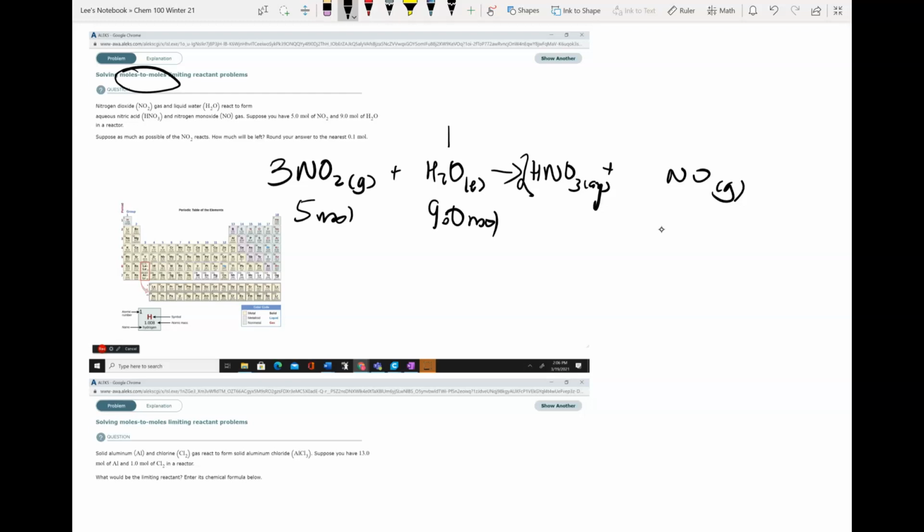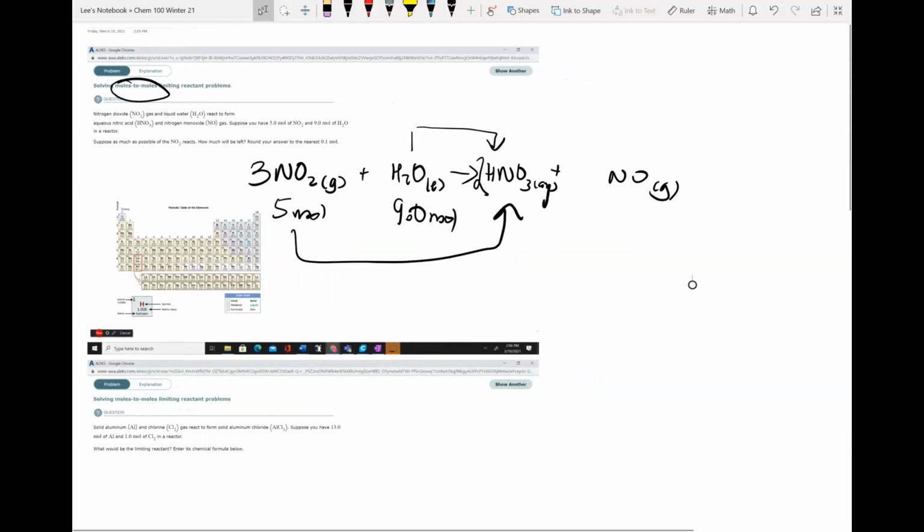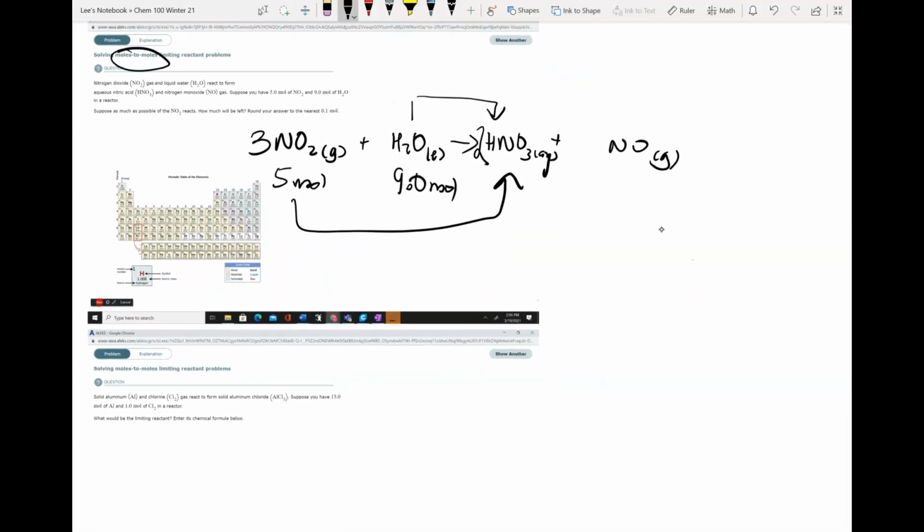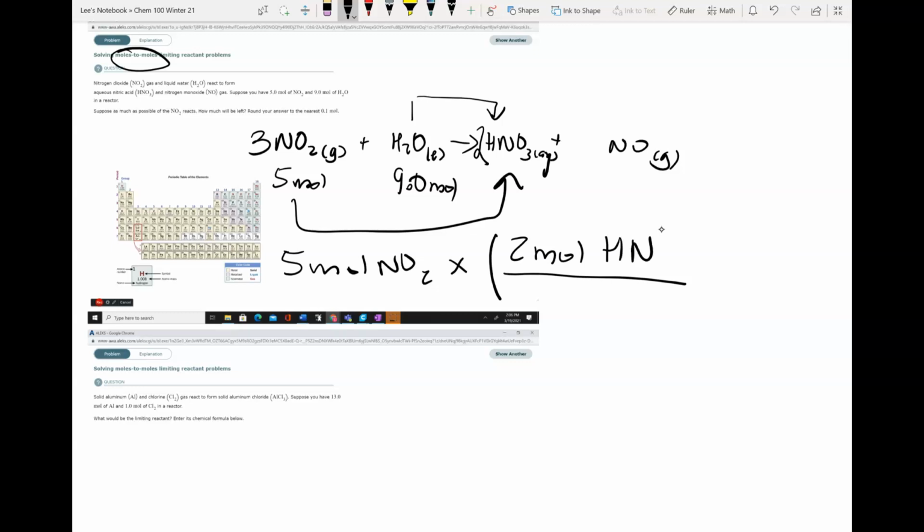So how I'm going to do that is turn each of these into moles of product, and see what we get. I'm just going to pick, it has to be the same product. So what I see is I've got 5 mole of NO2, and if all of that was used up, I would make 2 mole of HNO3 for every 3 mole of NO2.